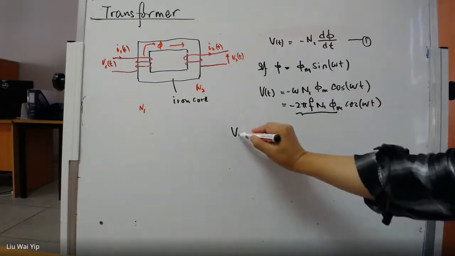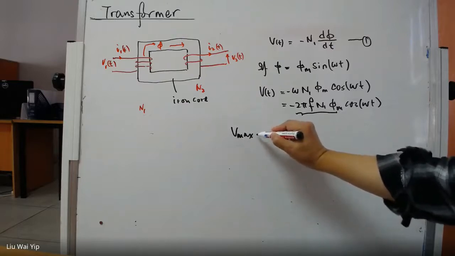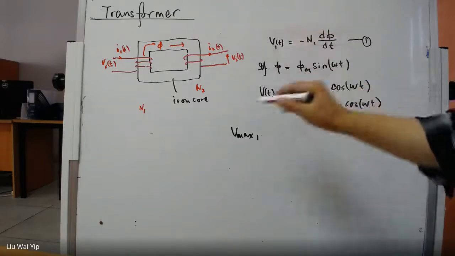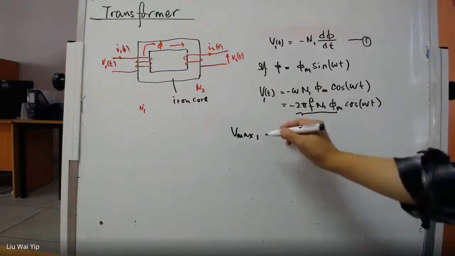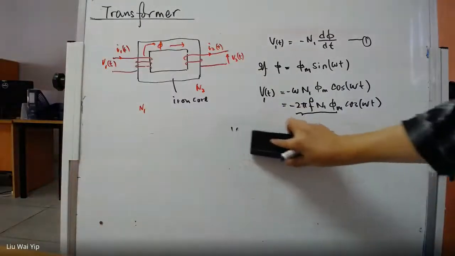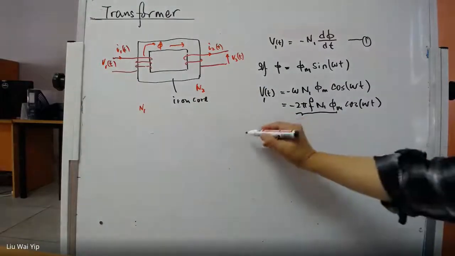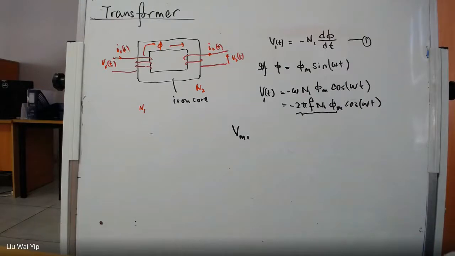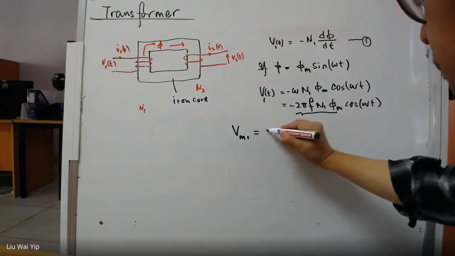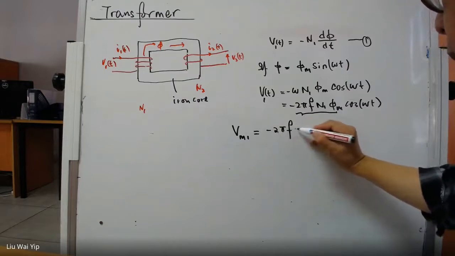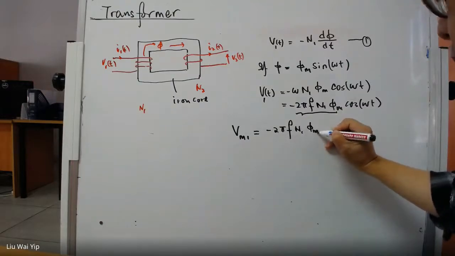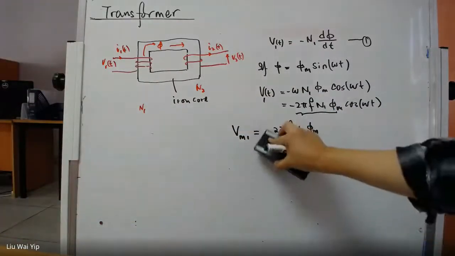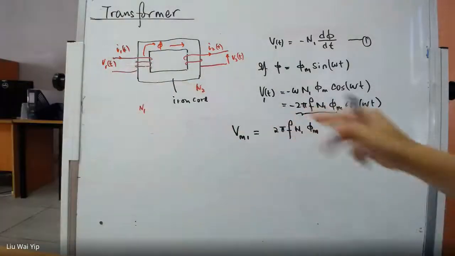So V max here for 1, yeah, I will put 1 here, because I'm not dealing with the primary. It's too ugly, Vm is enough. Vm1, which is the maximum induced voltage, is going to be 2 pi f N1 phi m, and we don't need the minus sign here. So for the primary, you can get this.